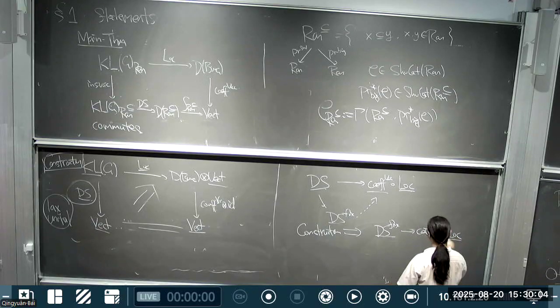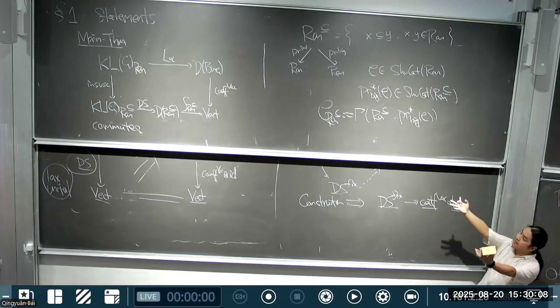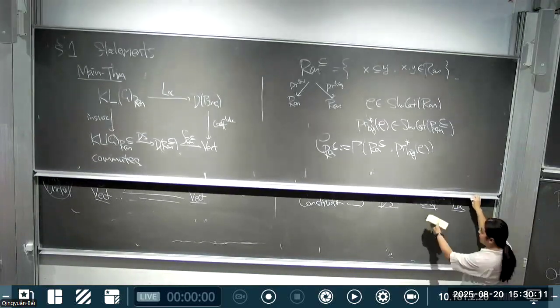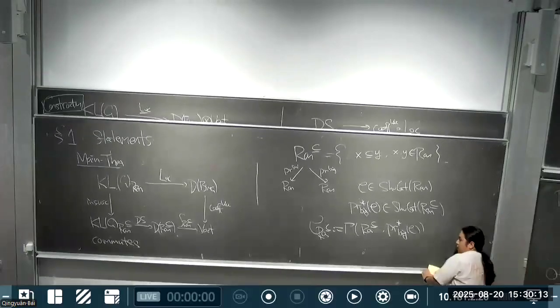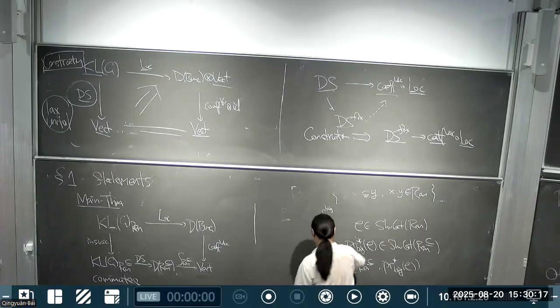So we obtain that. And now let me rewrite this main theorem in another way, and I will give it as an exercise for you to see that they are the same.